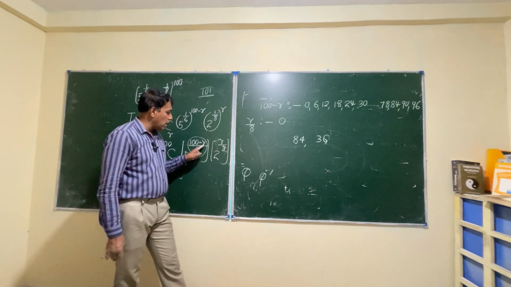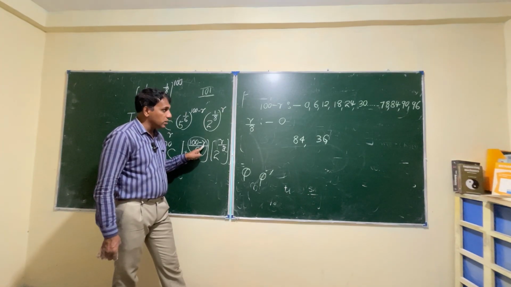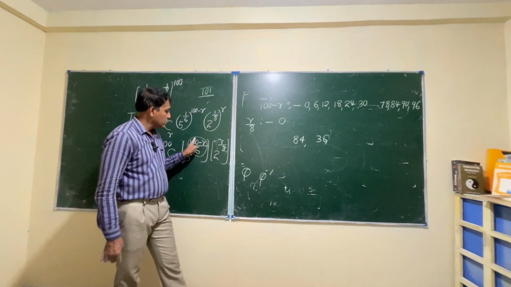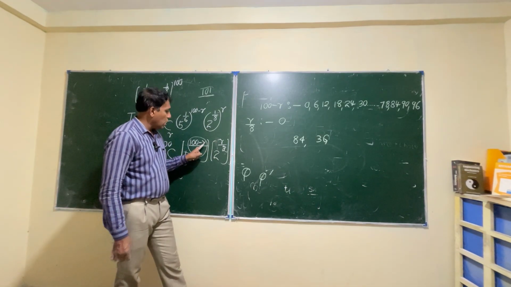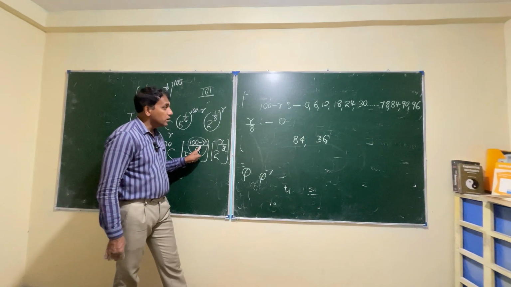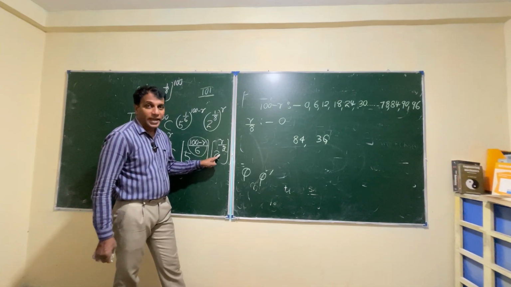Next, r is 4, 12, 96. Here 100 minus r, and r, both should be divisible by 6 and also by 8.